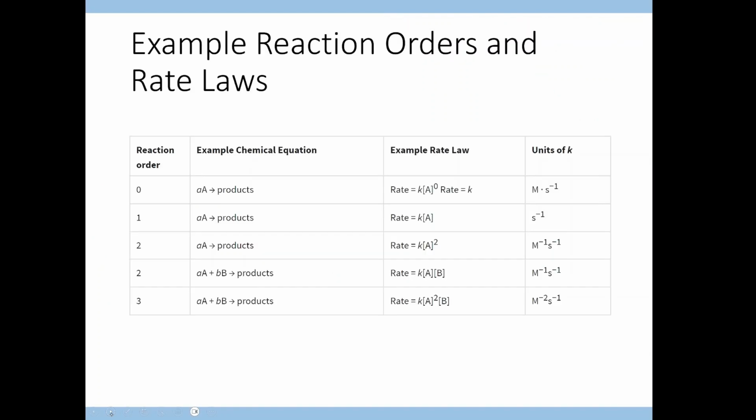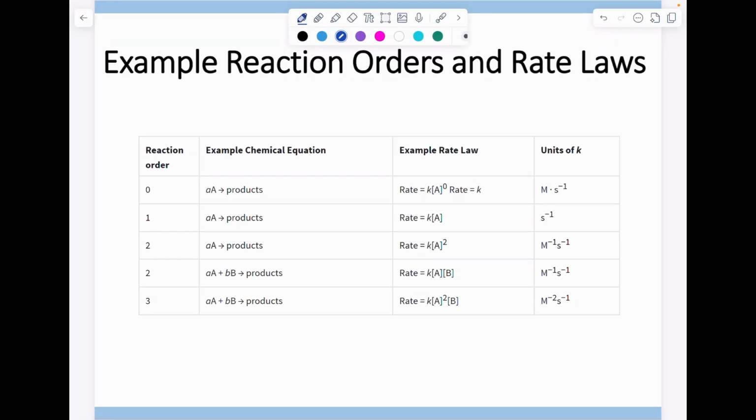But these are example reaction orders and rate laws for different types of reactions. So if we have a reaction that's 0 order, an example rate law, looking at this first row here, would be K times reactant to the 0 power, which would actually just be K. And in that case, the units of K would be molarity per second, or molarity times seconds to the negative first power.